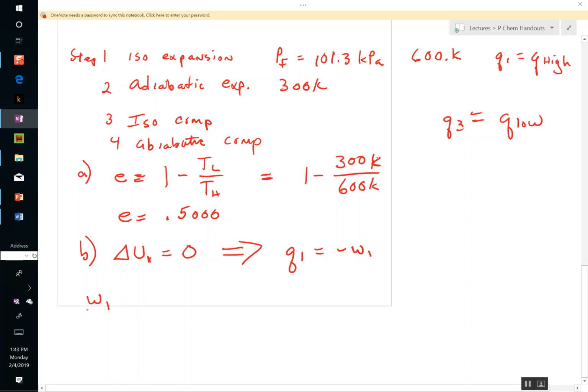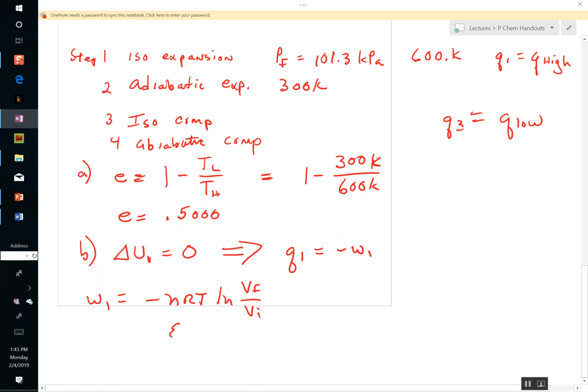The work equals negative nRT, natural log, final volume over initial volume. Because we know the moles, temperature, R is constant, and we have a final and initial pressure and temperature, which we can use to find volume. You could just do the pressure form of that equation and do PI over PF instead. So you've got your pressures.